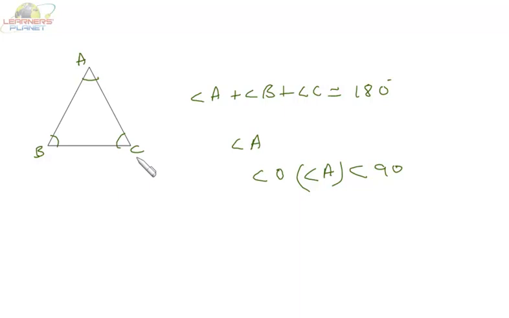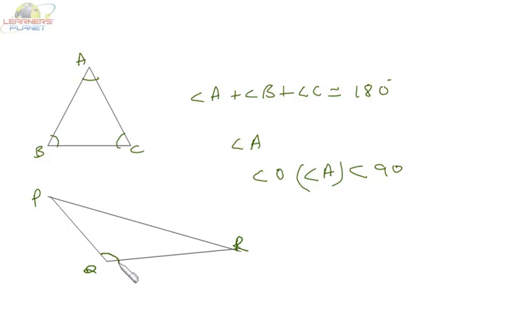I just draw an image. Here we see, suppose I name it triangle PQR. This angle is an obtuse angle. That means it is more than 90 degrees but less than 180 degrees. So this triangle PQR is an obtuse angle triangle.